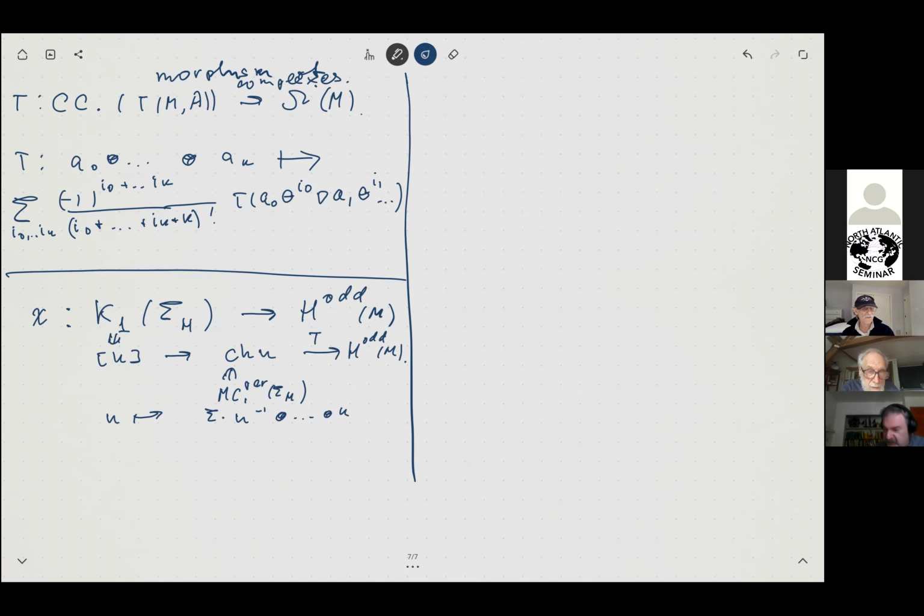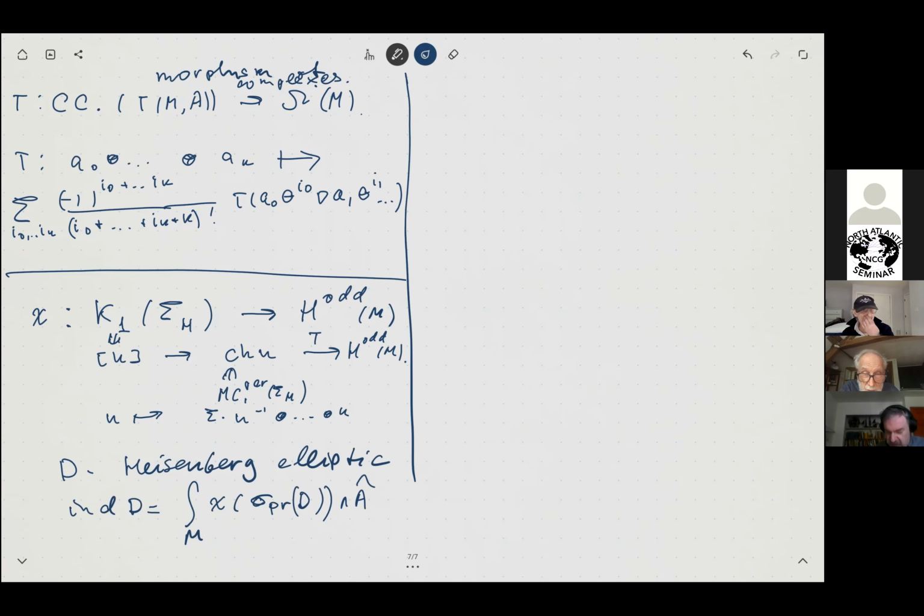So the index formula which we have is that if D is Heisenberg elliptic, then the index of D is equal to the integral over M of this chi applied to the principal symbol, wedge A-hat of M. The only thing which I think remains for me to do now is to describe the ingredients in the formula.